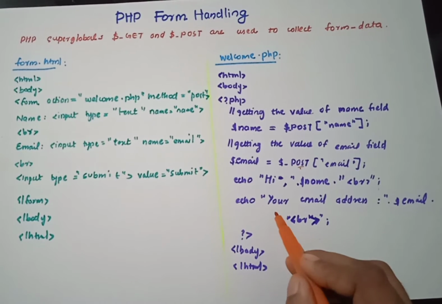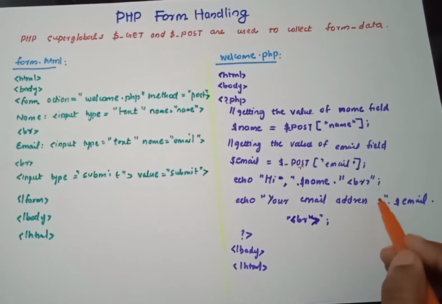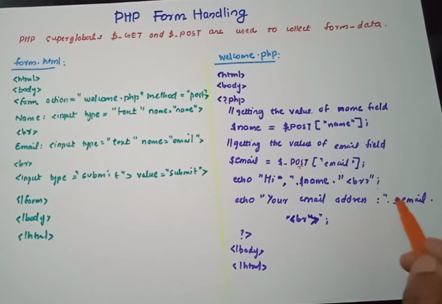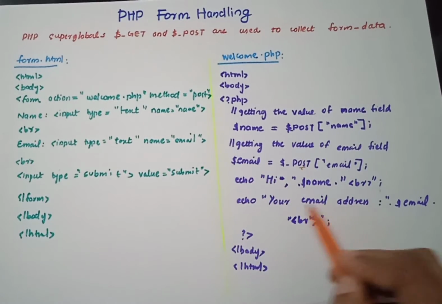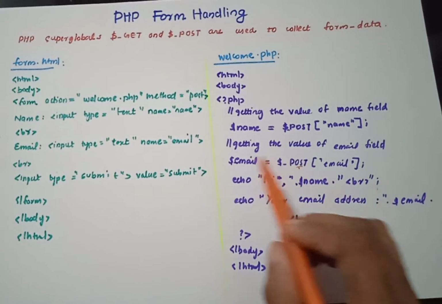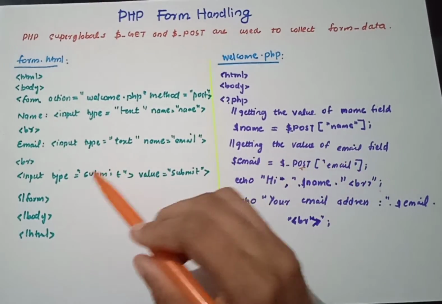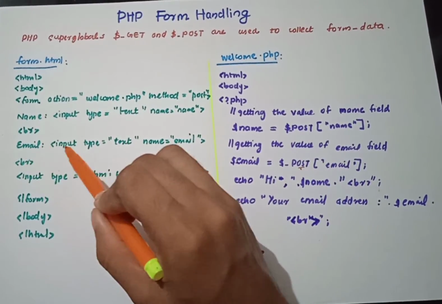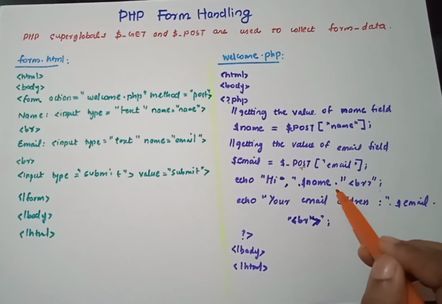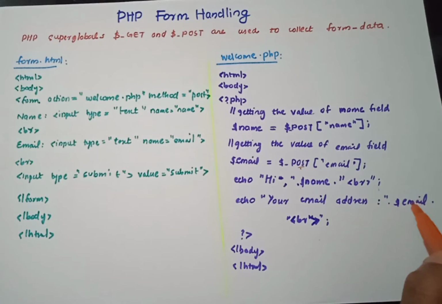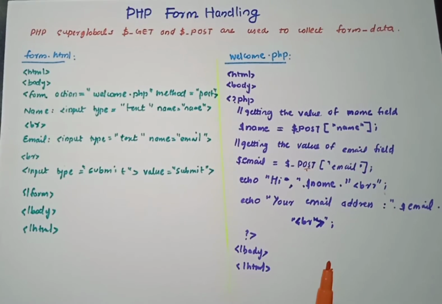And in the next line you want to write something more: your email address and a colon. And we have linked the email variable to this sentence, because this variable will be getting the value of the email that the user has entered into this form. So we also linked that, and now you will get a perfect output.